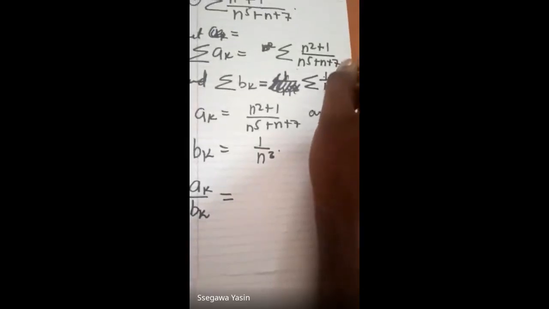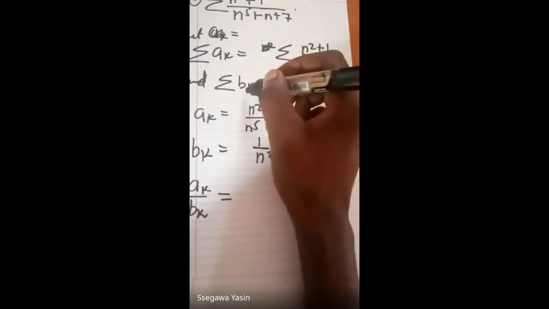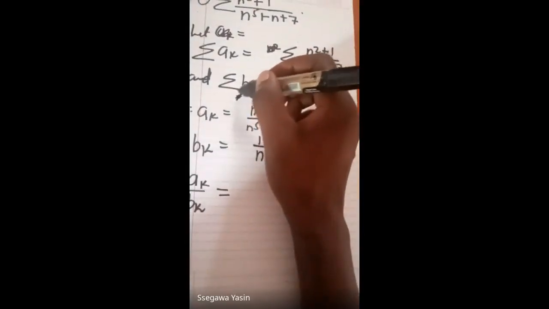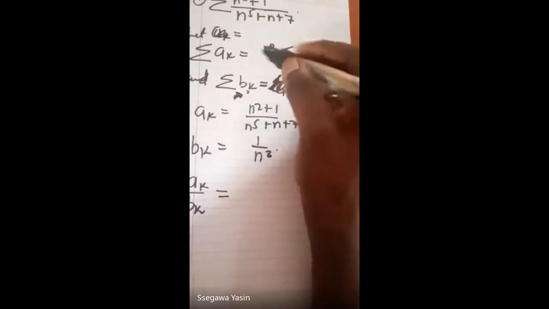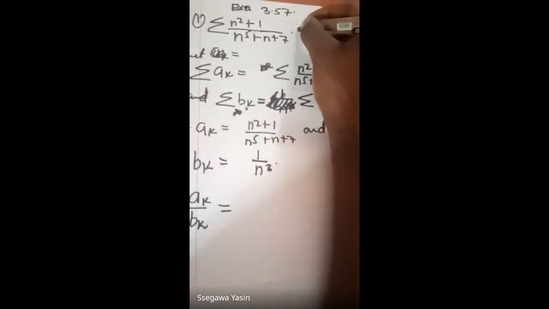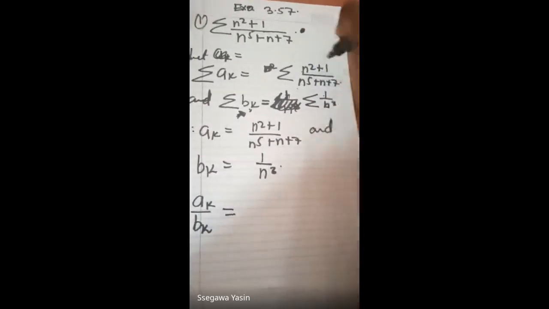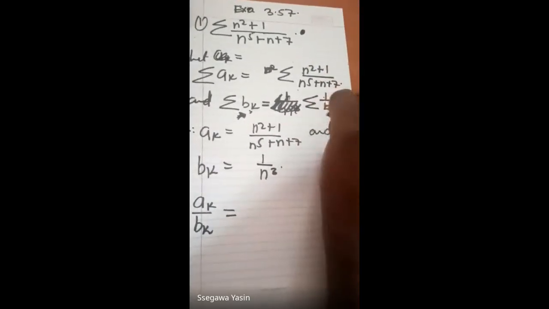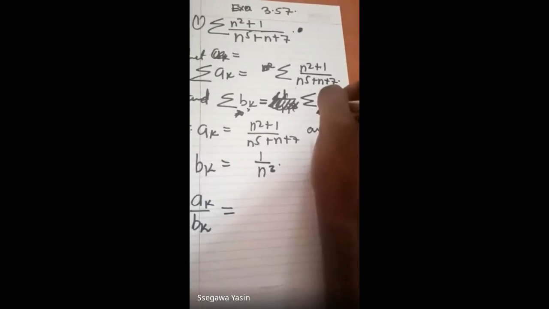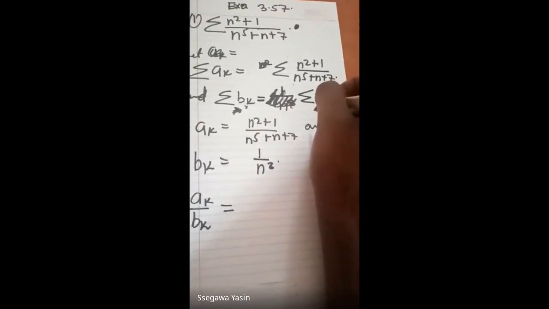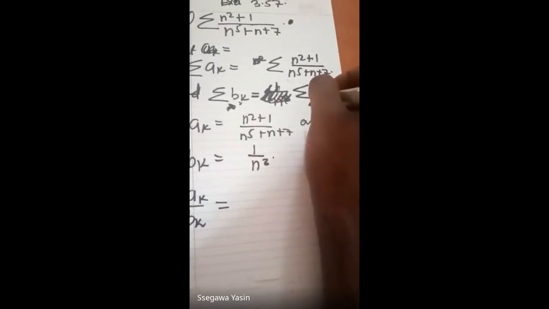Please look here, the sum of b_k may be given to you, or it is you to pick it. What is the question? The question will be the sum of a_k. b_k, it is you either to get it, or they will give it to you, depending on what they have done. Now, in this example you're doing, it was not given, but you have to use it.